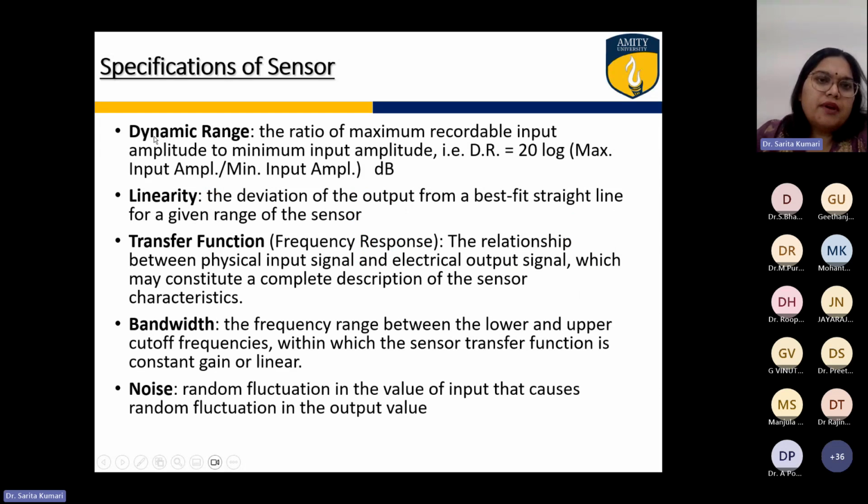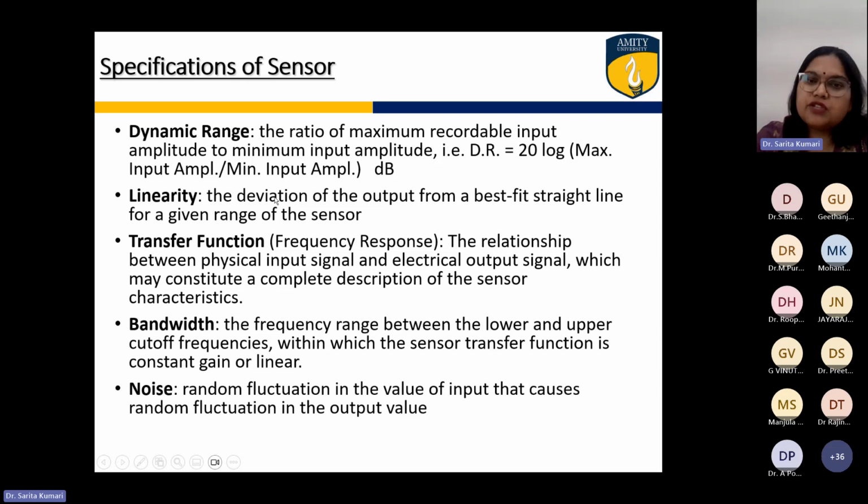There are a few more criteria which we have to see, like dynamic range. Range has static range and dynamic range. It is the minimum value and the maximum value the instrument can measure. That is the range of the instrument. Again, when I was discussing sensitivity, I spoke about linearity also.